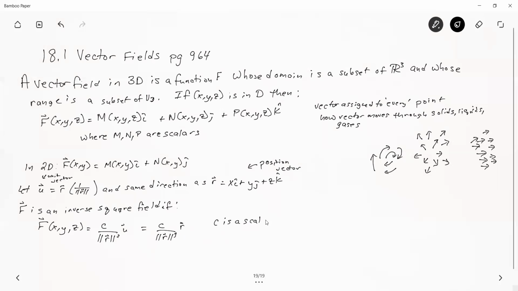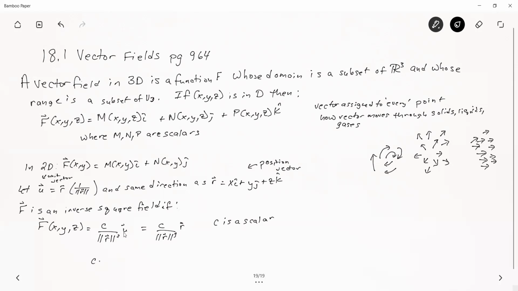So let's talk about that real quick. If this was essentially c times our unit vector, well, our unit vector is r times 1 over the magnitude of r. So this would give us r over the magnitude of r times that squared. So that's why it would be cubed. Or you can just multiply it by the unit vector, because the math is still the same.